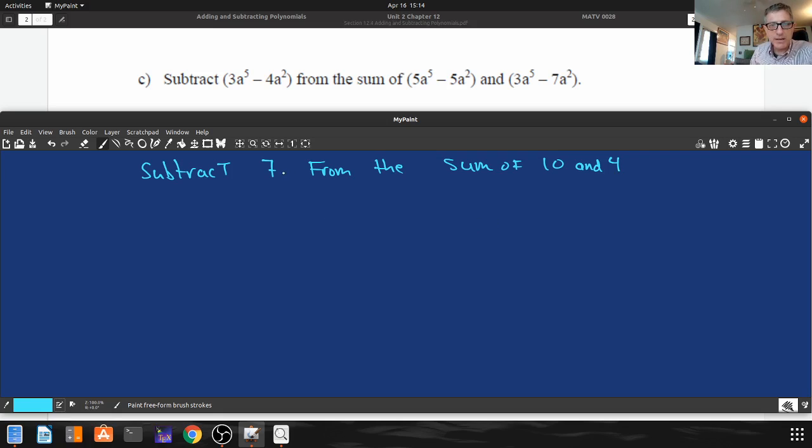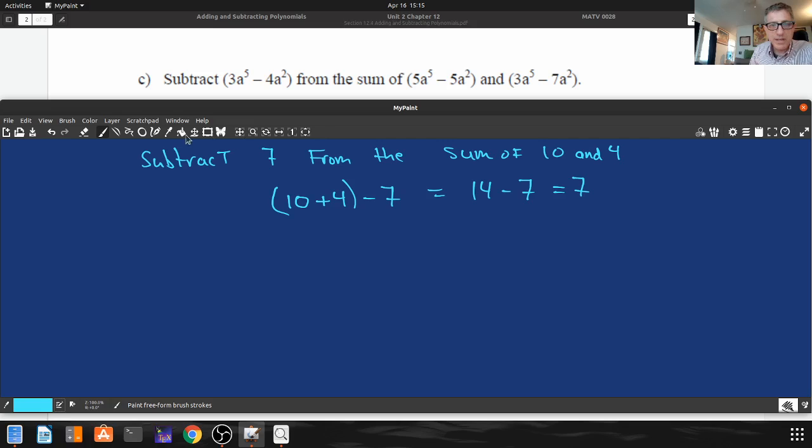So what I've done here is I've replaced the polynomials with something else. So this is the same as taking 10 and adding 4 and subtracting 7. And that's really easy. The answer is going to be 14 minus 7, which is 7.